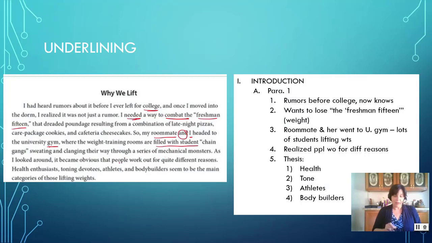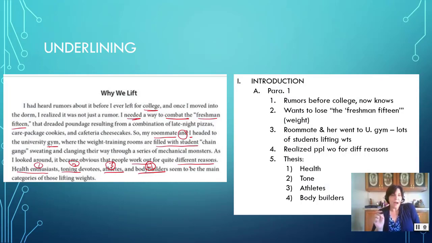I'm going to go down to what's important is work out different reasons. And then because I have a list, I'm going to number this. 1 is health enthusiasts, 2, toning, 3, athletes, and 4, bodybuilders.